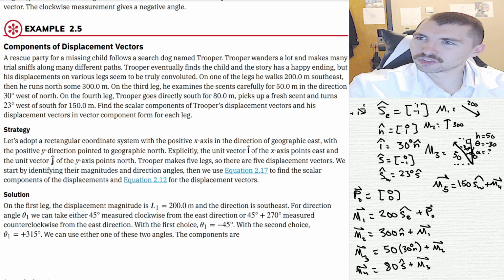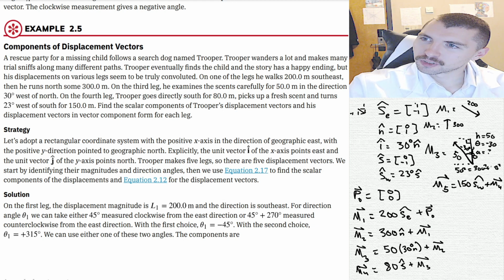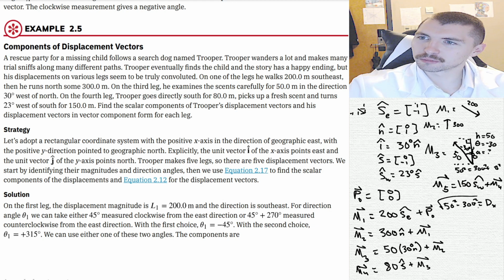I guess we won't even need trig, because if this is 300, then 50 squared equals 300 squared plus b squared. So it's going to be 50 squared minus 300 squared equals our dx magnitude.